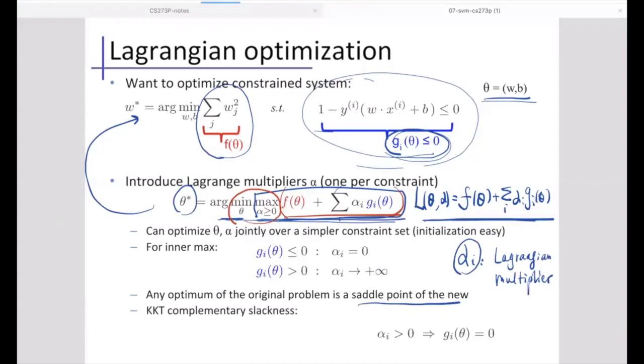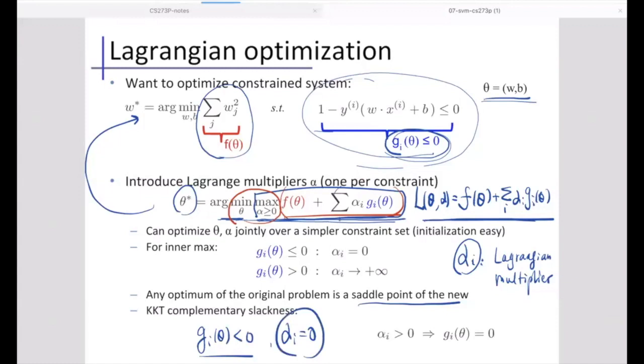Another thing is this. We actually know for sure the following about the solution to this problem. As I just mentioned, if your g sub i of theta is strictly negative, then in that case the optimal solution alpha is 0.